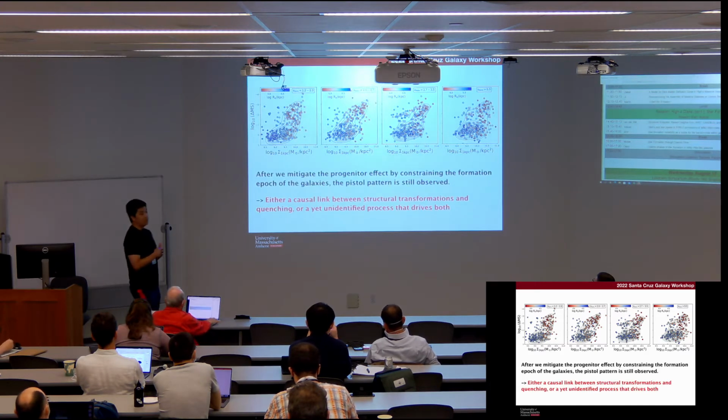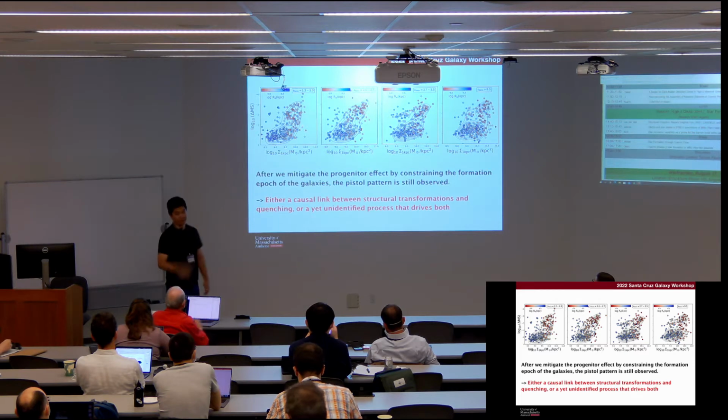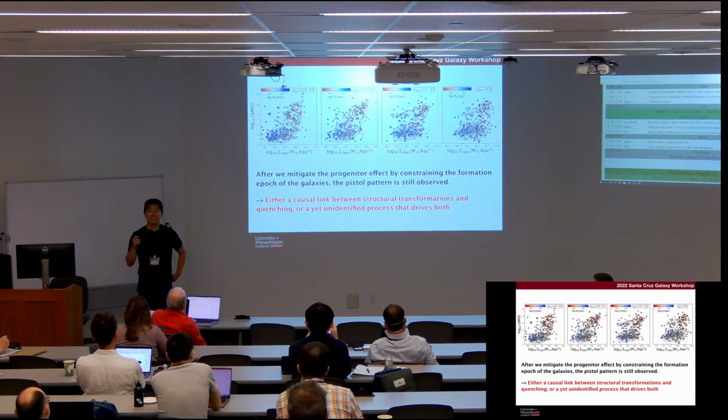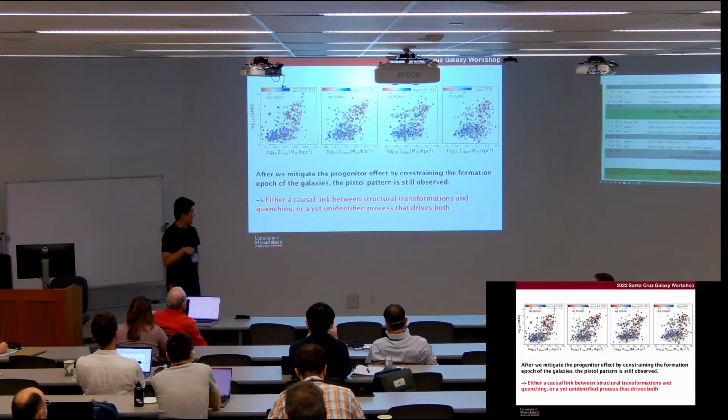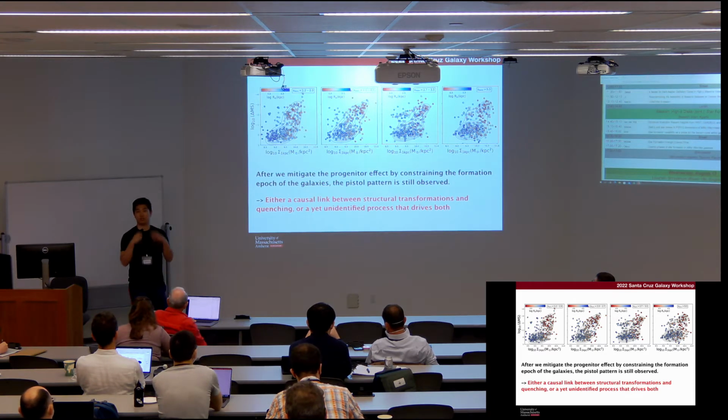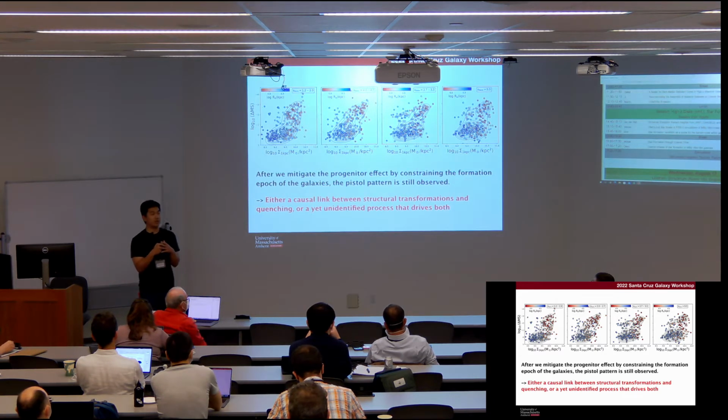Yet you still find this pistol-shaped pattern, telling us the progenitor effect alone is insufficient to explain the observed correlation. This is strong empirical evidence that either we need a causal link between the structural transformation and quenching, or there is a yet unidentified process that drives both.